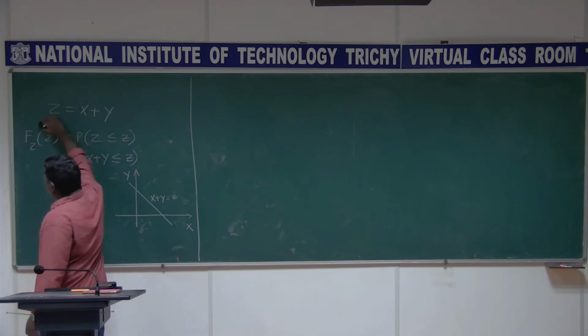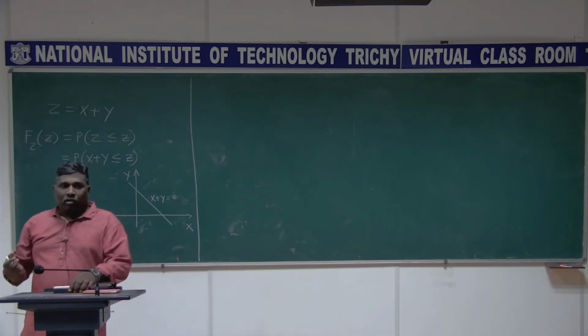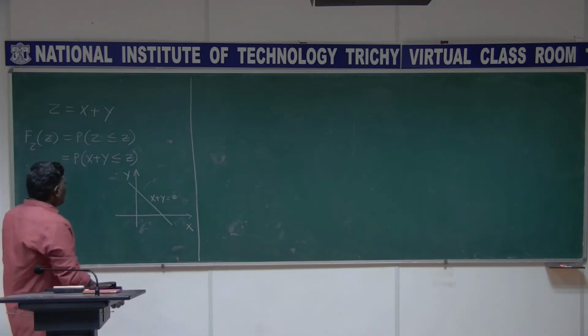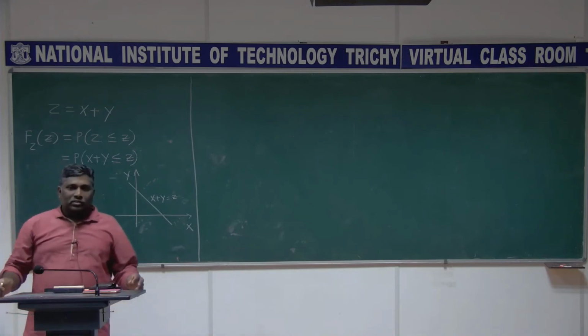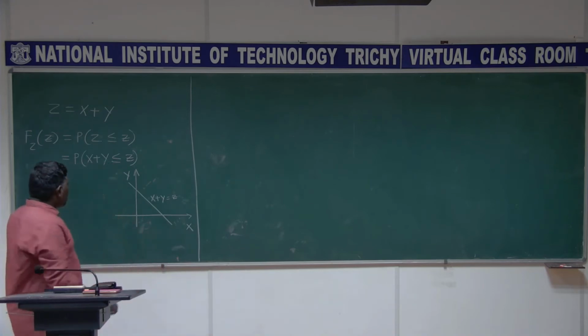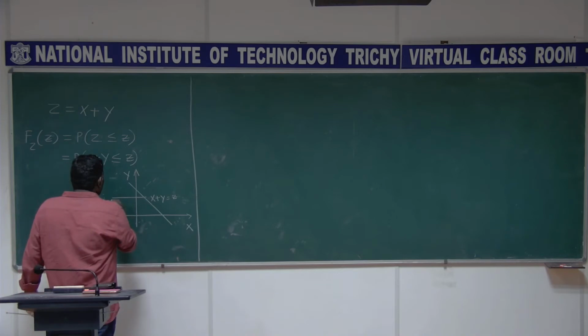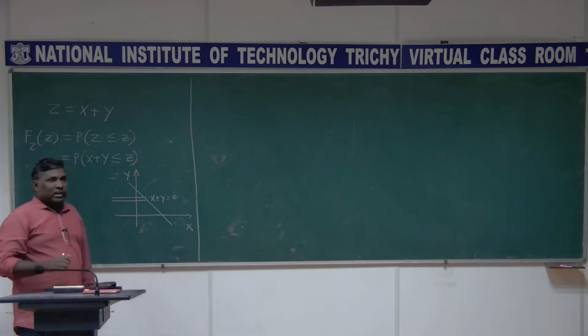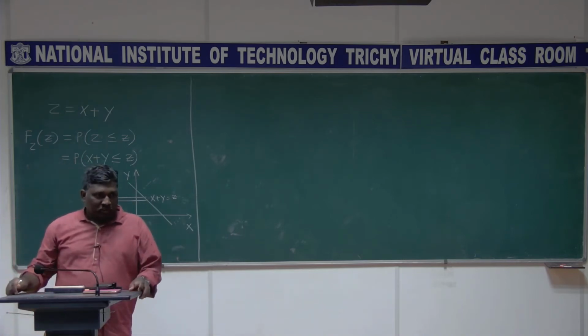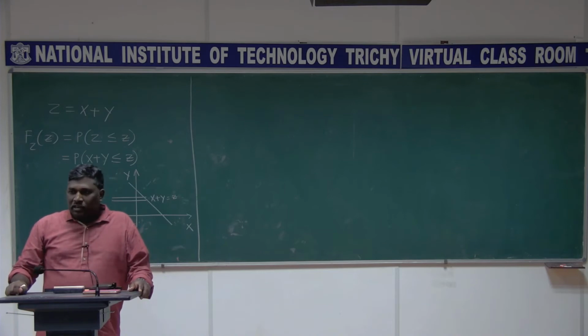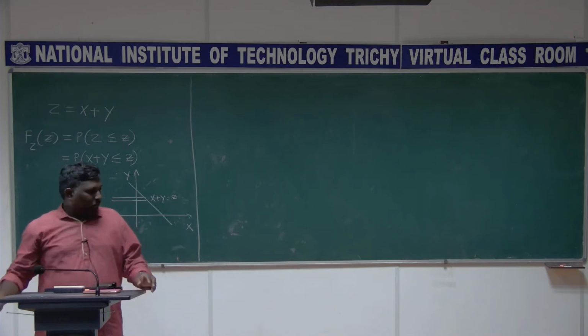Today I am going to do it in another form, using this graph. Here we are going to use this strip. We are trying to find the range for X and Y which satisfies the condition X plus Y less than or equal to z.